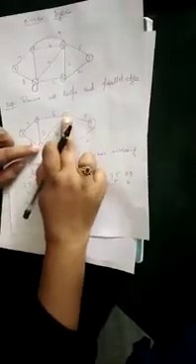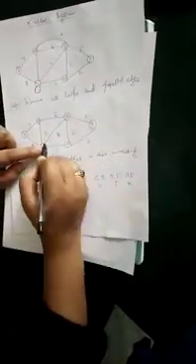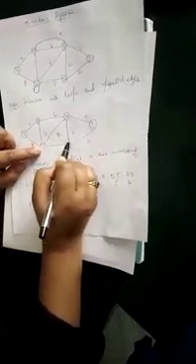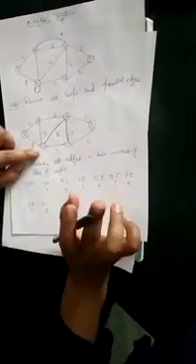Okay, now what is the next cost? The next cost is 4. So what are the edges we have here for 4? CB, right? So we have got the edge CB, but if you select this edge, as you know, in the minimum spanning tree we should not get a closed loop, right? So if you select CB, you will get a closed loop, but in a minimum spanning tree we should not get a closed loop.